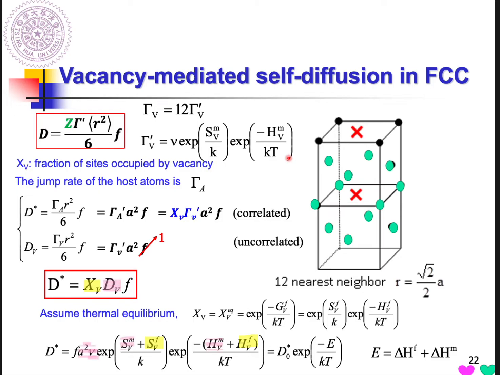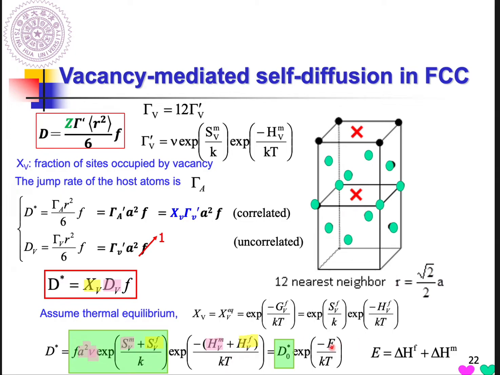So dV can be expressed like this, and you also multiply by a square here, and we leave F here. Here you can separate them into two terms. The first term is the temperature independent term, and the second term is the temperature dependent term. This is entropy, this is enthalpy.